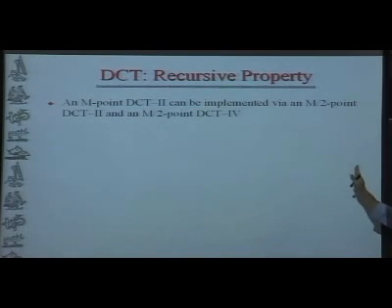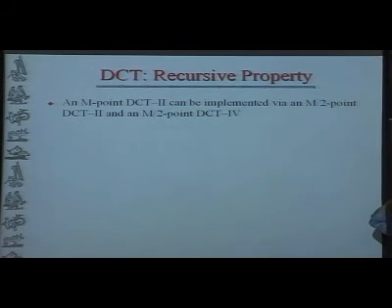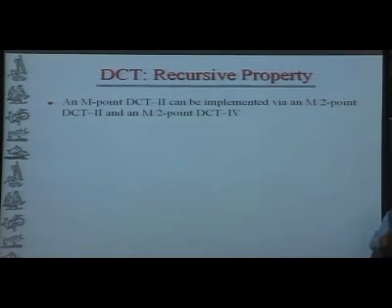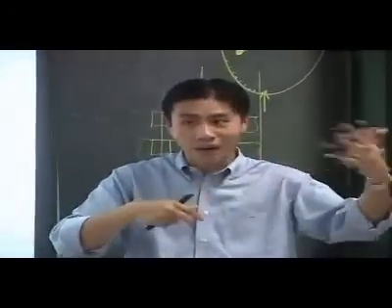There's another nice property regarding the recursive properties of the DCT. And we encountered this problem before with the DFT, right? How do people get the fast Fourier transform? People get FFT based on the factorization into smaller guys, right? Instead of doing an n-point DFT, you do two n/2-point DFTs, and then you keep on breaking it down.